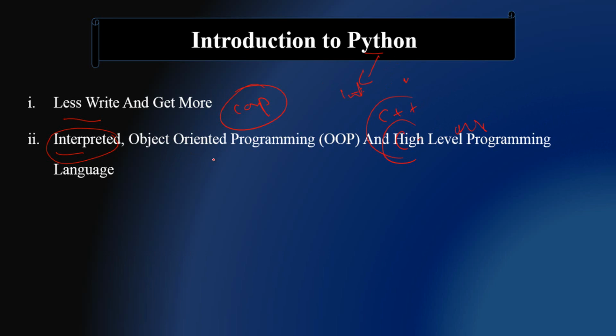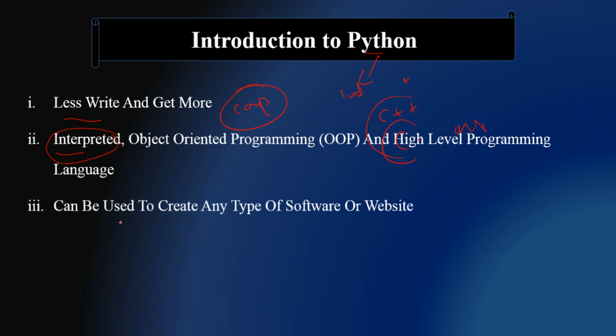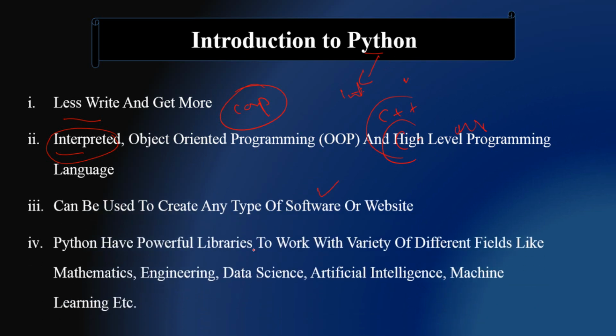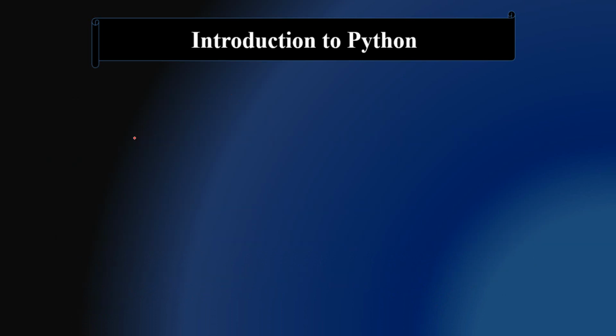It is also an object oriented and high level language, so it can be used to create any type of software. Python has powerful libraries used in different fields like mathematics, engineering, data science, and artificial intelligence. So this is a short introduction to Python.